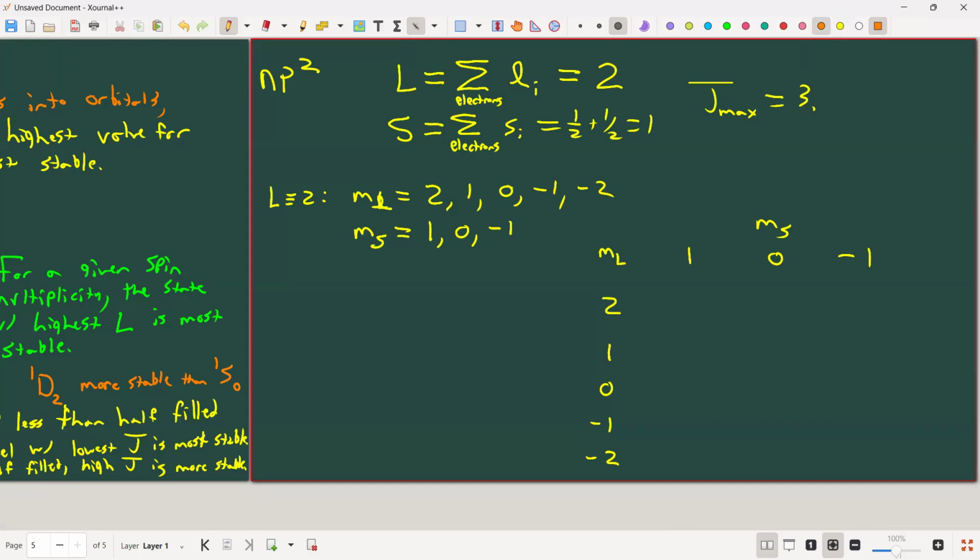Give me just a sec. I just got to pull up my notes really quickly. So we can actually combine the electrons in these different states in different ways. Let me just pull my notes up for this.